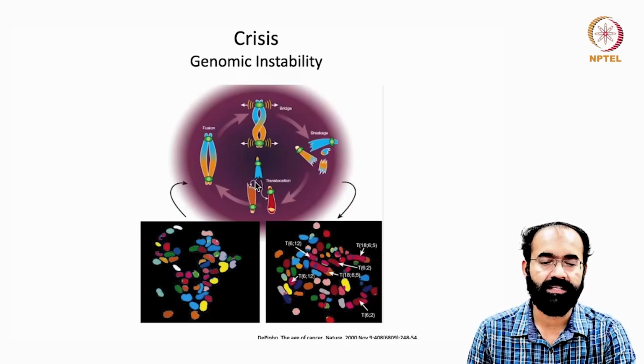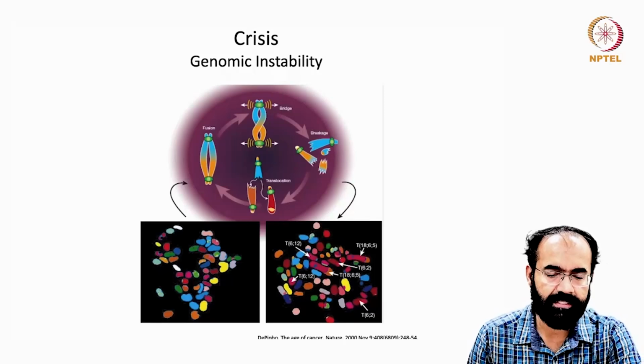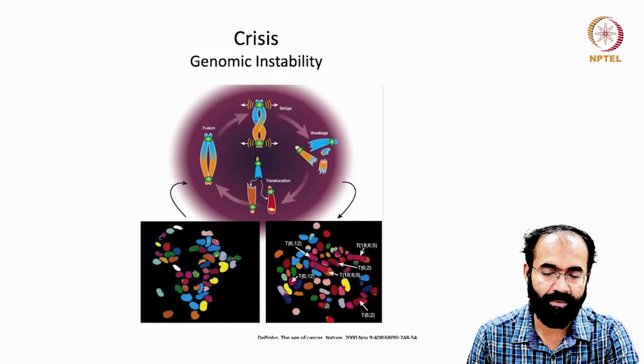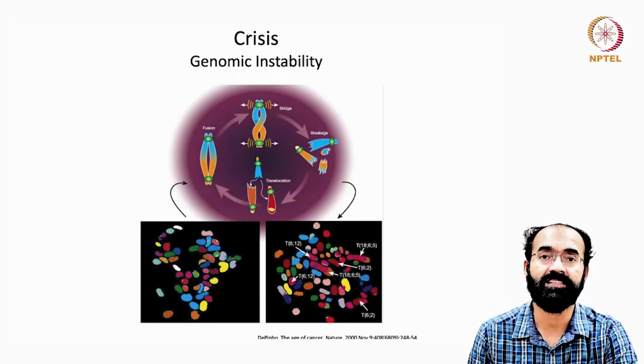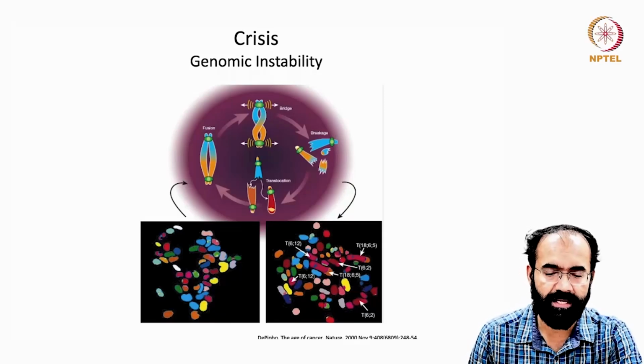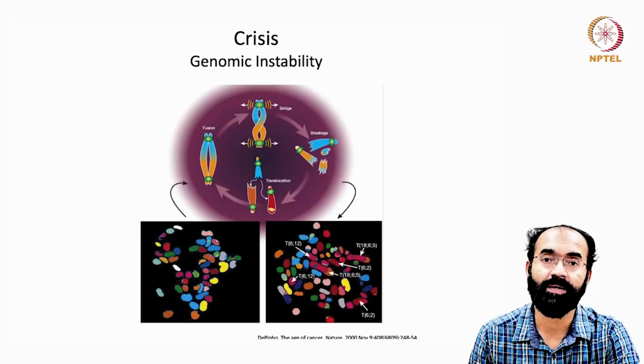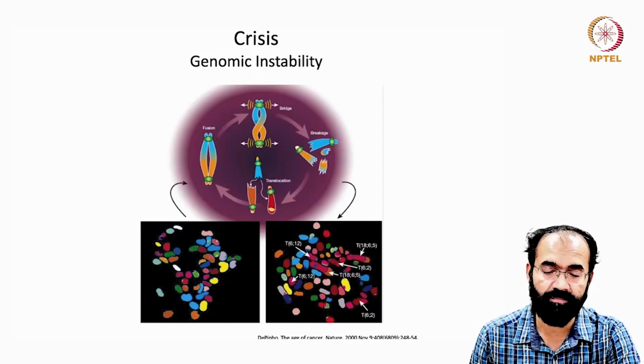At the crisis stage, this will continue, and you eventually end up getting chromosomes in fragmented pieces here and there. Like you can see here, they will go into pieces, and no 2 cancer cells will have a similar looking genome. So what we learn from here is that when chromosomes have some fusion, it can lead to multicentric chromosomes, and in anaphase and telophase there can be serious problems.